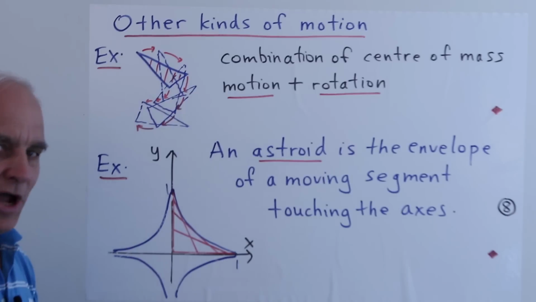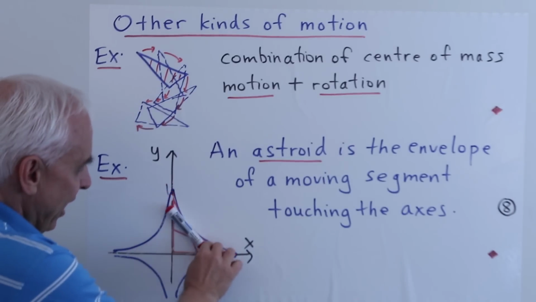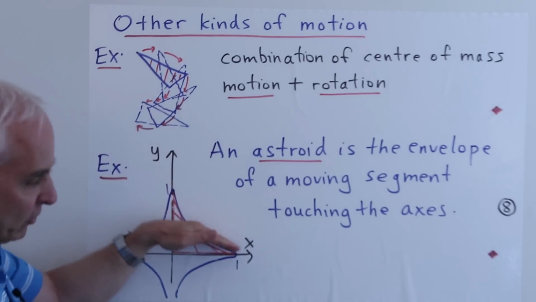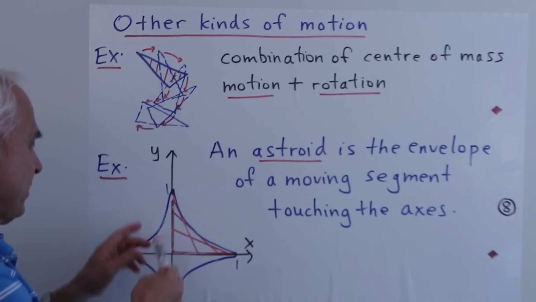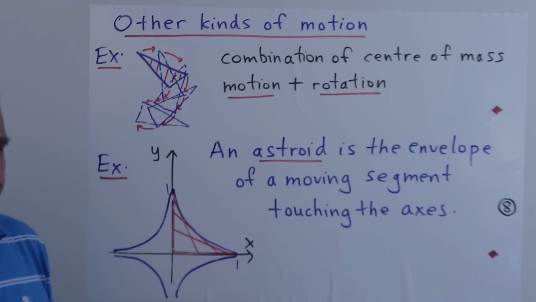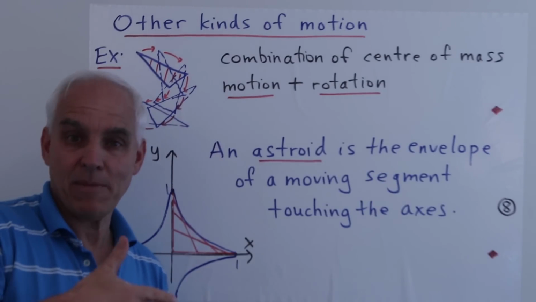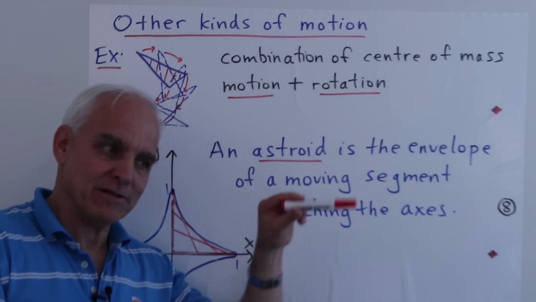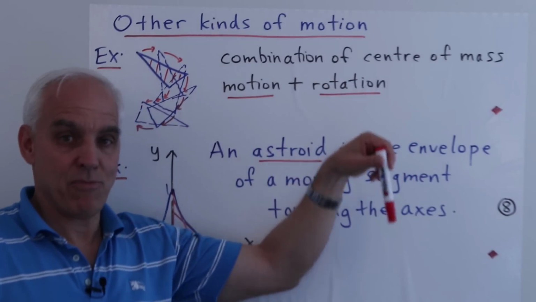And it will describe, well, there will be all these lines, but the lines will envelope a curve. A pleasant four-pointed star of some kind, that's called an asteroid. So it's described more by how a line is moving rather than how a point is moving.